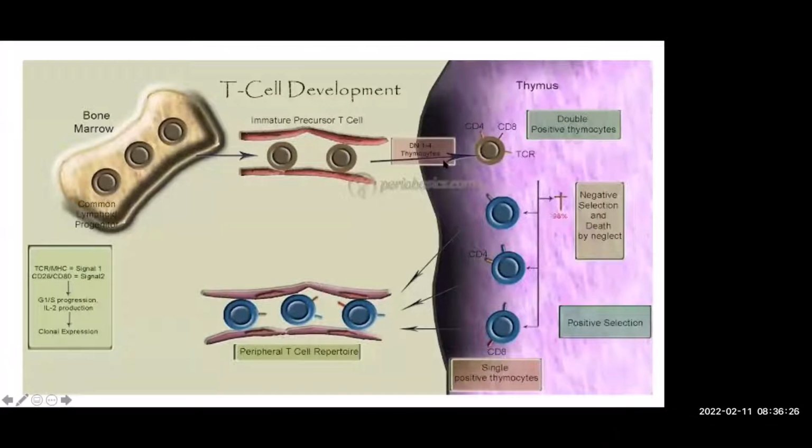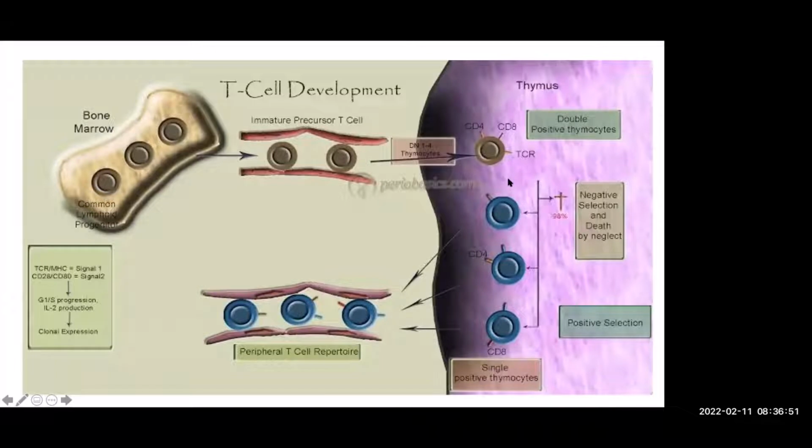Double negative means they lack the expression of CD4 and CD8, and they even lack the expression of T cell receptors. The double negative T cells present in the thymus in the subcapsular region move from the subcapsular region to the cortex. The initial cells in the cortex are called early cortical cells.